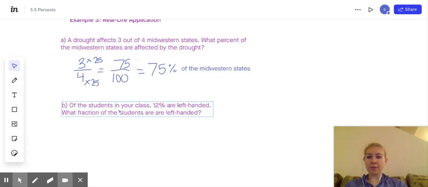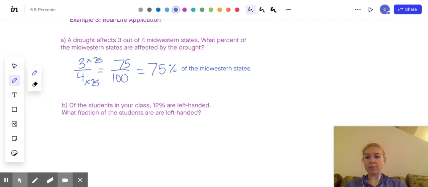Okay. Problem B. Of the students in your class, 12% are left-handed. What fraction of the students are left-handed? Okay, so in this case, we are given 12%. So this time we need to change a percent into a fraction.